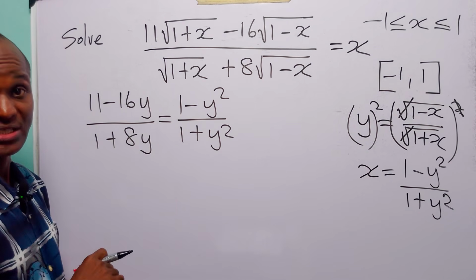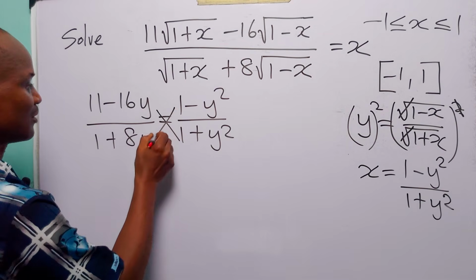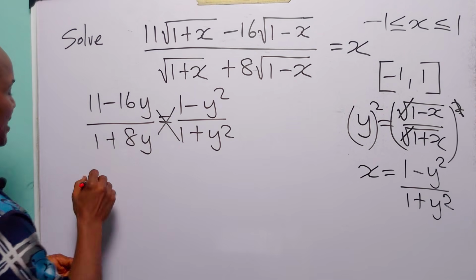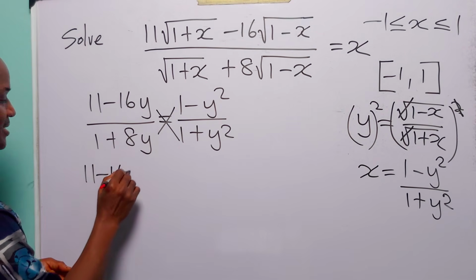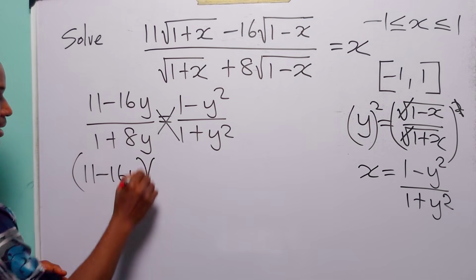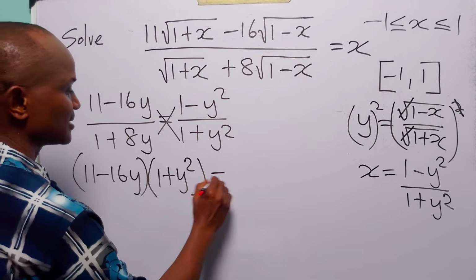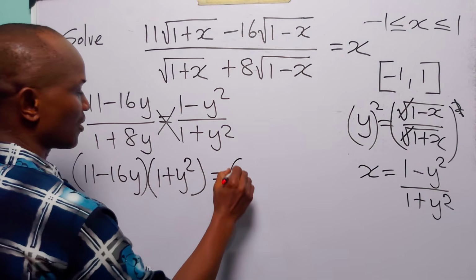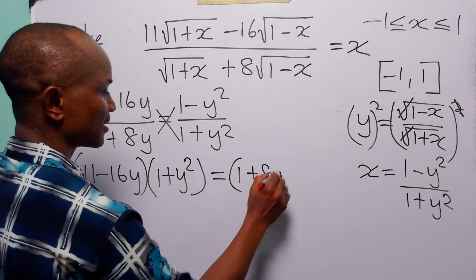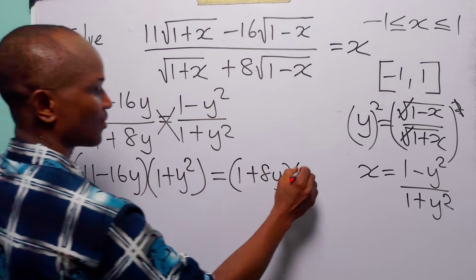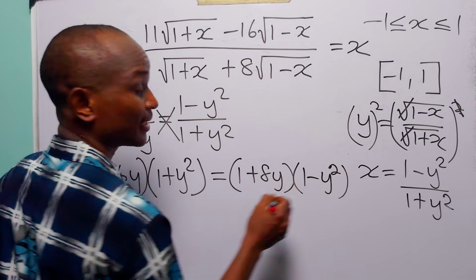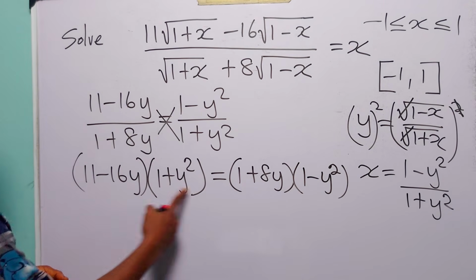And of course, to solve this equation, we cross multiply. We have that 11 minus 16y times 1 plus y squared is equal to 1 plus 8y times 1 minus y squared.